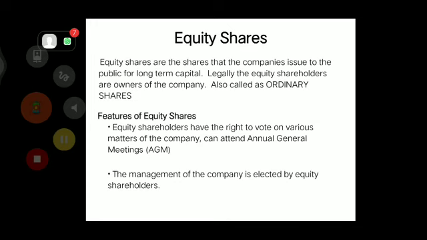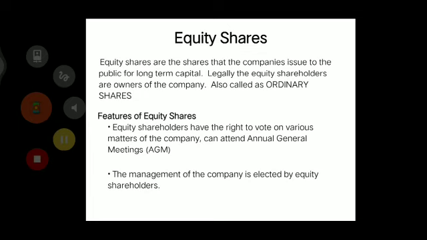So let's look at the features of equity shares. Equity shareholders are the owners of the company, and they typically have voting rights. If you look at the constitution of the company, companies run on democratic lines. All the shareholders collectively take decisions.